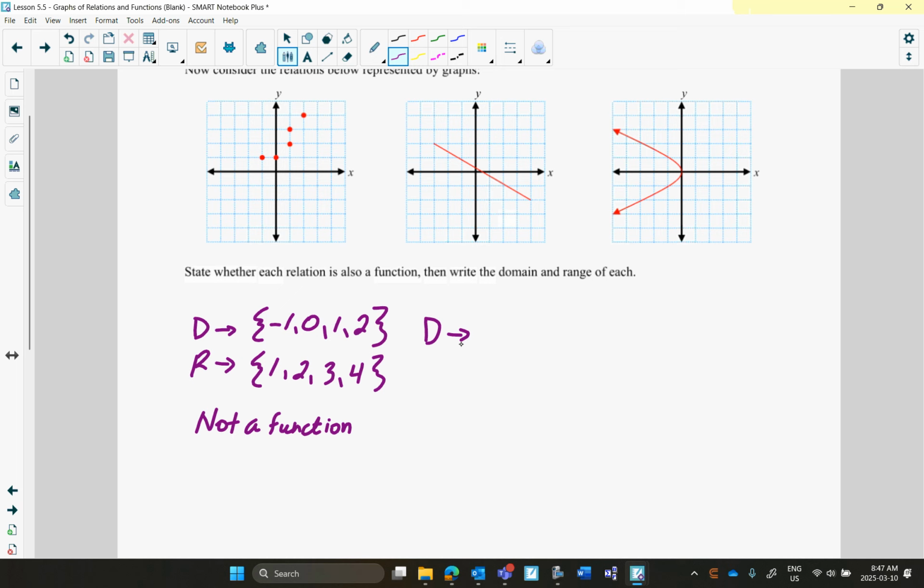What is the x coordinate of the point to the furthest left on this line? -3. What is the x coordinate of the point to the furthest right on this line? 4.